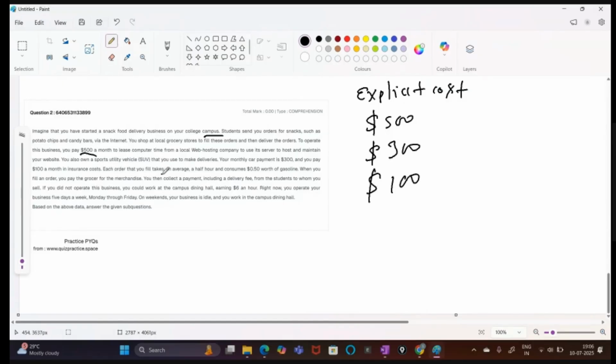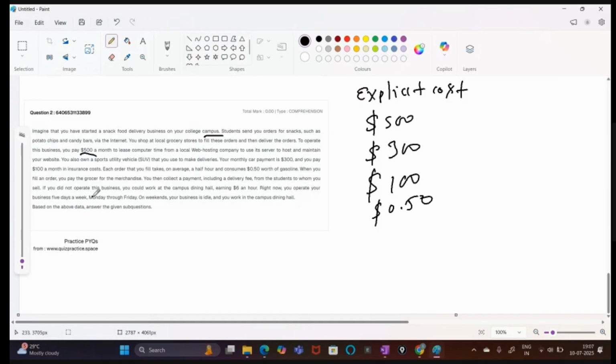Each order that you fill takes on average a half hour and consumes 50 cents worth of gasoline. When you fill an order, you pay the grocer for the merchandise. You then collect a payment, including a delivery fee, from the student to whom you sell.